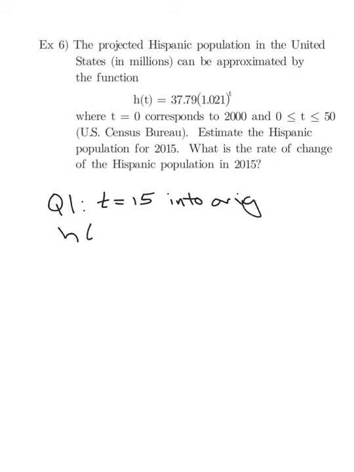So we want to do h of 15. The reason that I know this is it doesn't say anything about rate of change. That's why I know to just put 15 in the original.